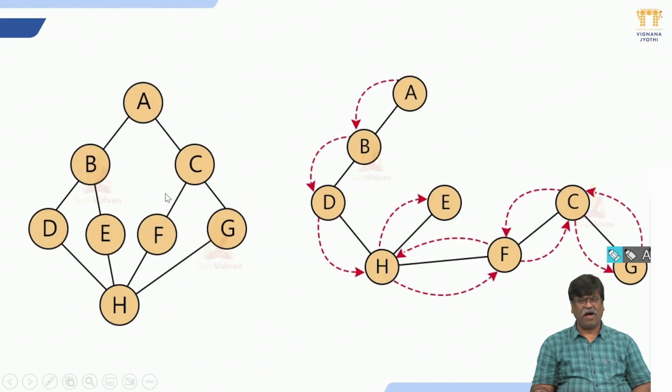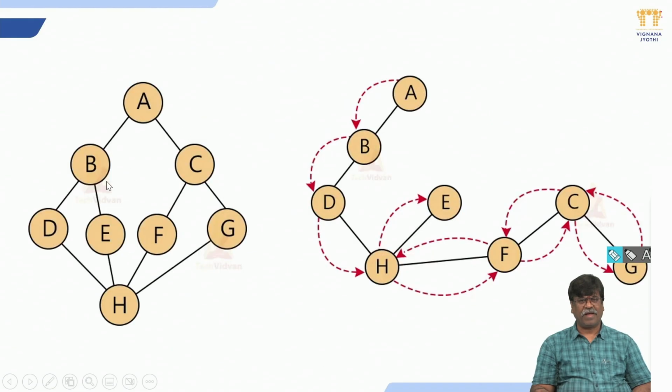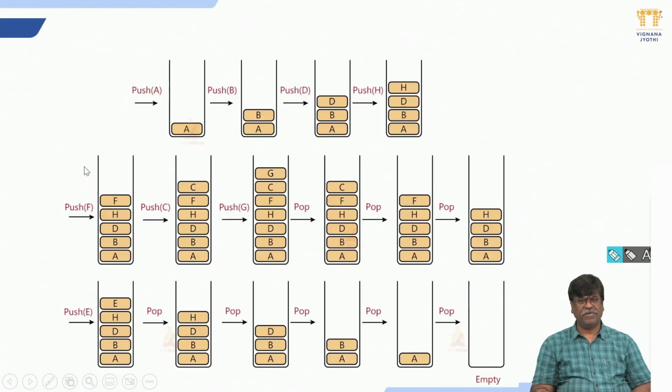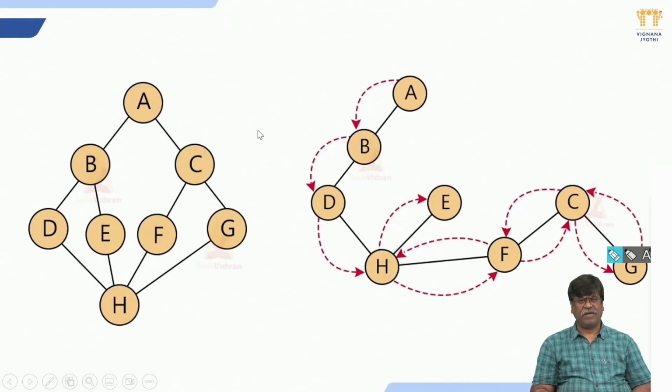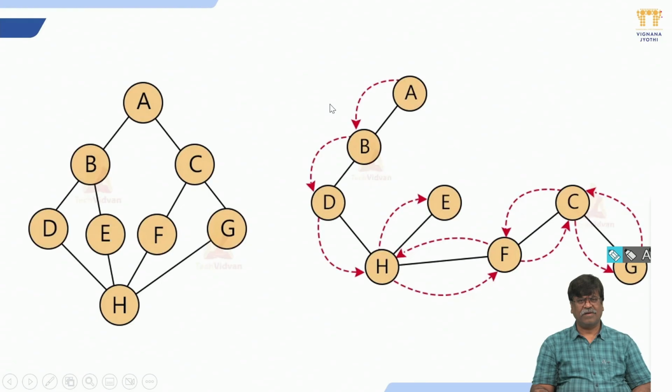And this is how exactly the data will be kept in the stack. So first, A, which I visited, will be kept here. Then I visited B, so push B into the stack. Next from B I am visiting D, so D is pushed into the stack.